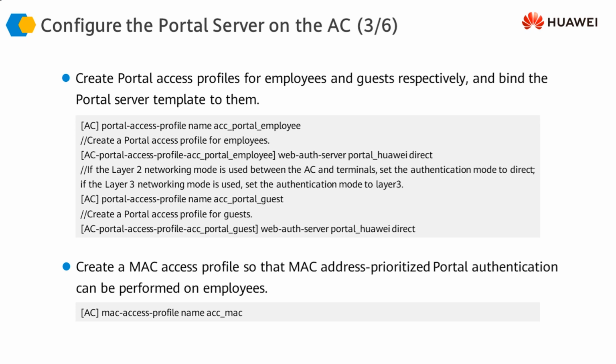And here we are actually calling the portal server template, web authentication or web auth server. Portal means for Huawei, and direct means this is connected through a layer 2 connection. So this is the portal server template which we are binding to this portal access template or portal access profile.